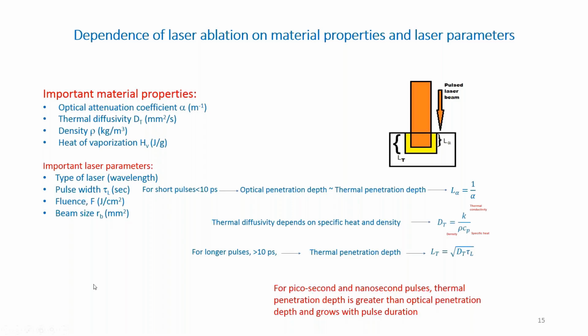All right, so what we have to understand here is that when the laser has a short pulse, which is less than 10 picosecond, then the optical penetration depth is similar to the thermal penetration depth. Here you see the beam, the orange beam, which is a laser beam, has penetrated into the material to a depth of L alpha. For pulses that are less than 10 picosecond, the heat is confined to this optical penetration area, so it doesn't go any further.